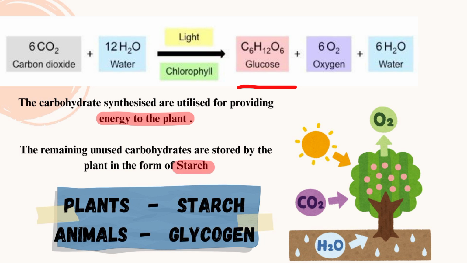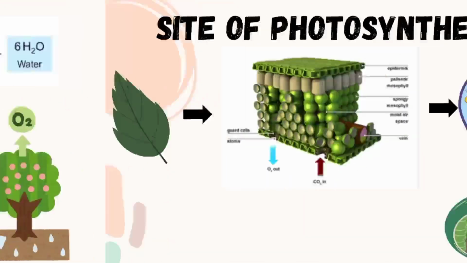You need to be very sure of this. Okay, and just like how plants store the unused carbohydrates as starch, the animals store it in the form of glycogen. This was a previous year board question and also a previous year NEET question. Okay, plants store them as starch and animals store them as glycogen.